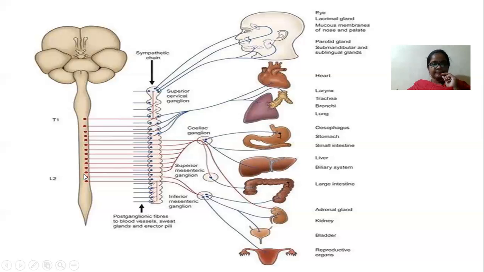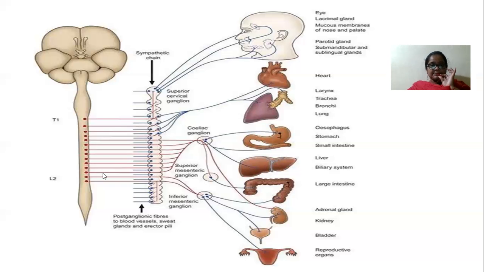These preganglionic neurons make a synapse with postganglionic neurons in which ganglion? The prevertebral ganglia.